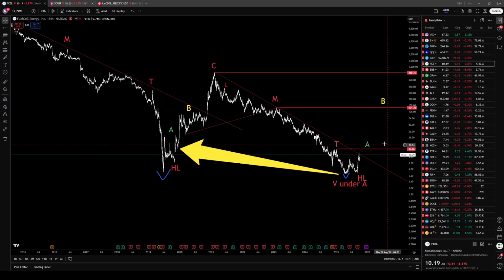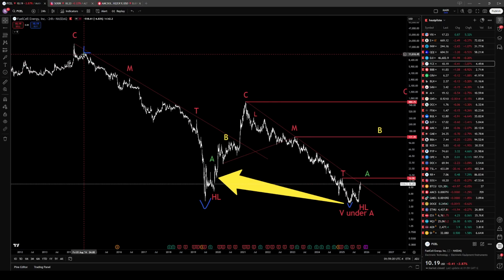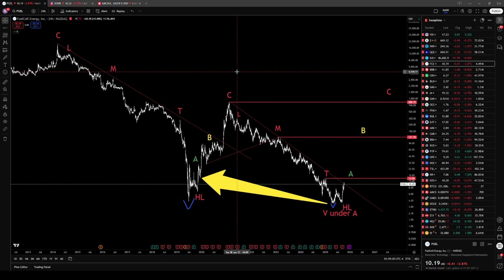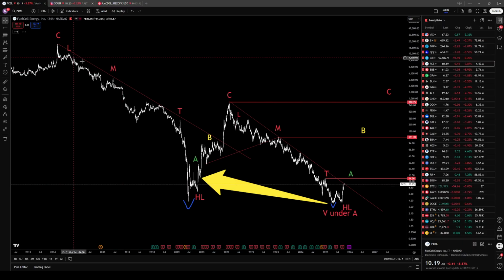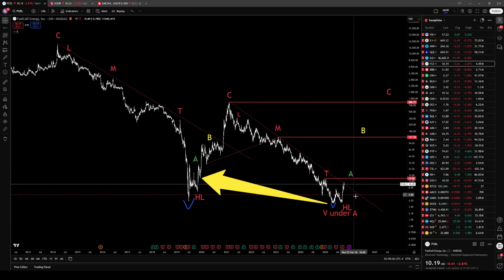But on most stocks, really not much changed. For FCEL, just a little reminder, you had the peak here, lower high, M, V, ABC, and the same again.